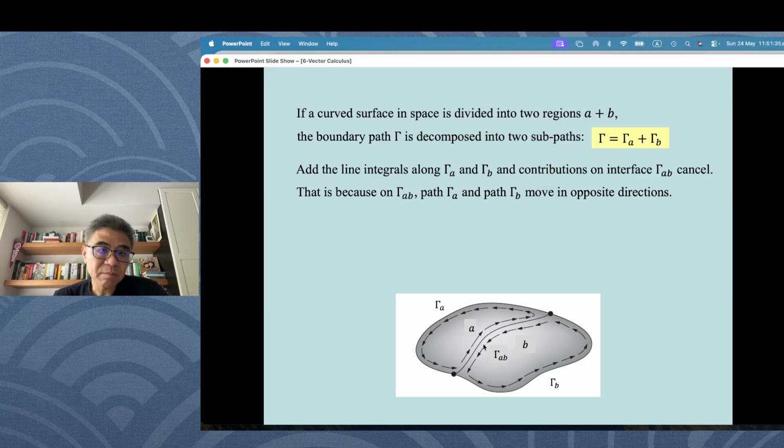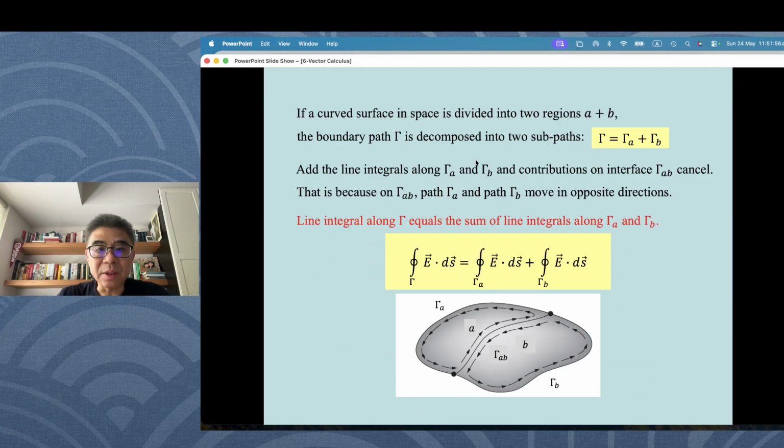However, the vector field, for example the electric field you are going to integrate over, is identical on the path. Therefore, the integrals must be negative of each other because the ds will be different. Therefore, when we add the integrals from gamma A and gamma B, the contribution from gamma AB will cancel each other.